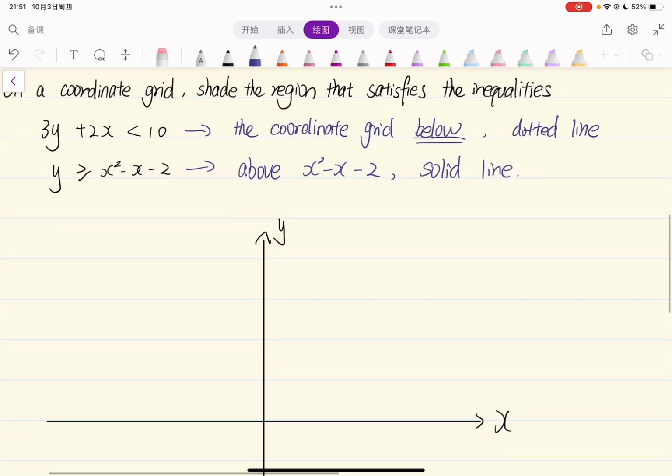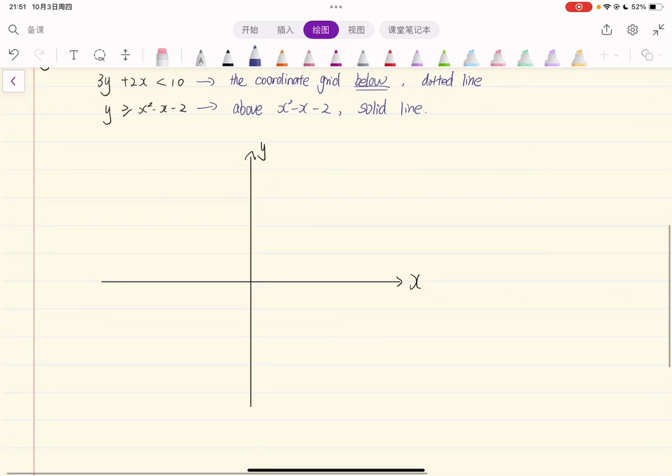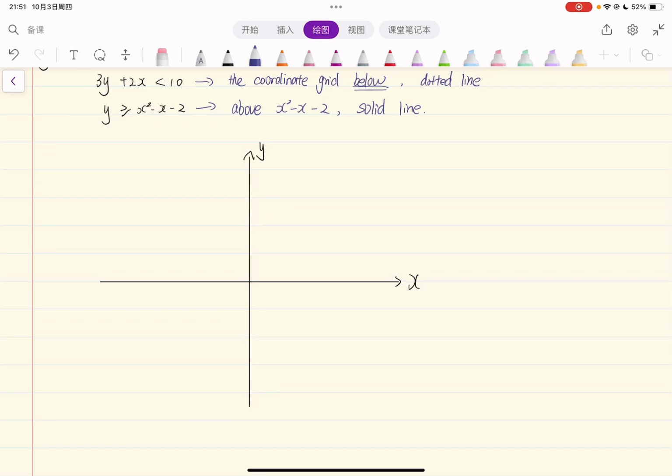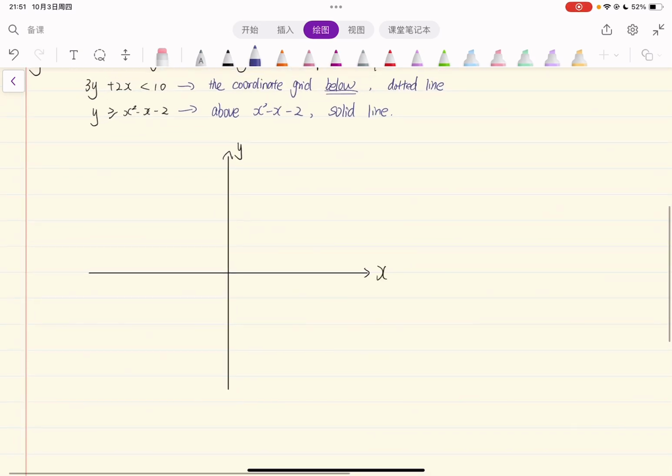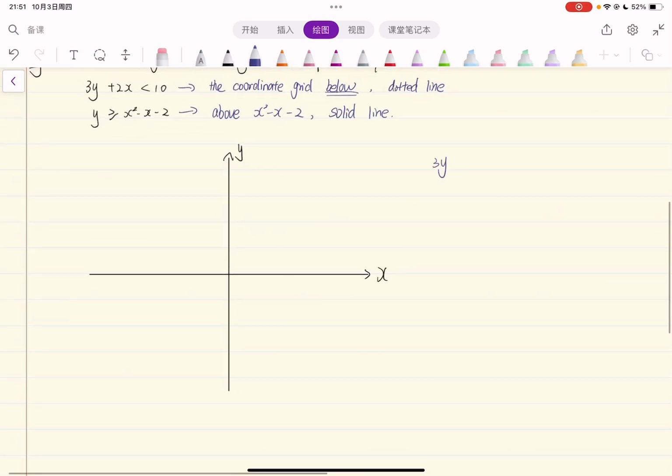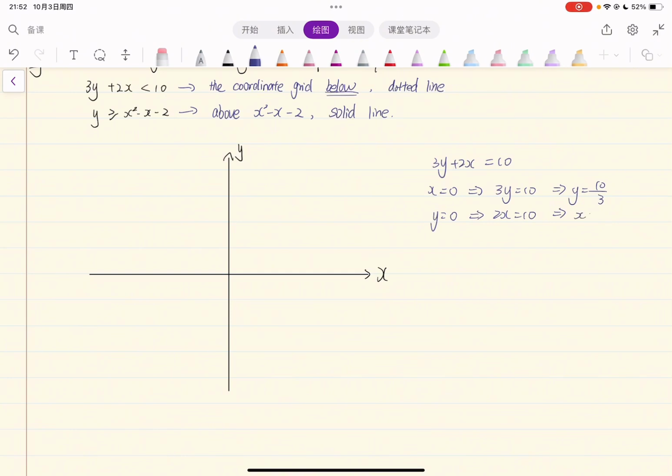First, we need to draw the graph 3y plus 2x equals 10. If x equals 0, then 3y equals 10, which means y equals 10 over 3. And y equals 0 implies that 2x equals 10, so x equals 5.